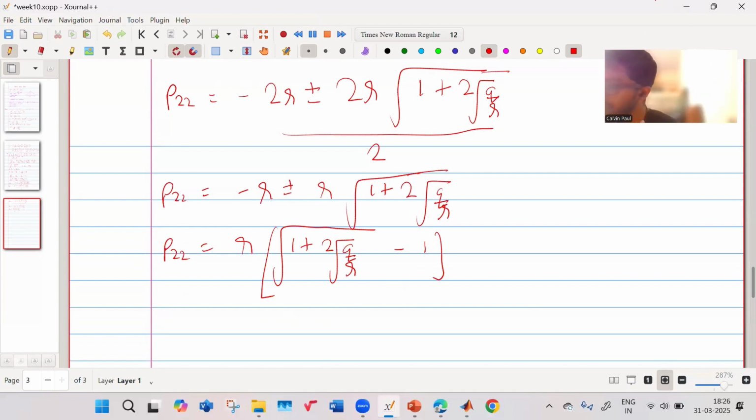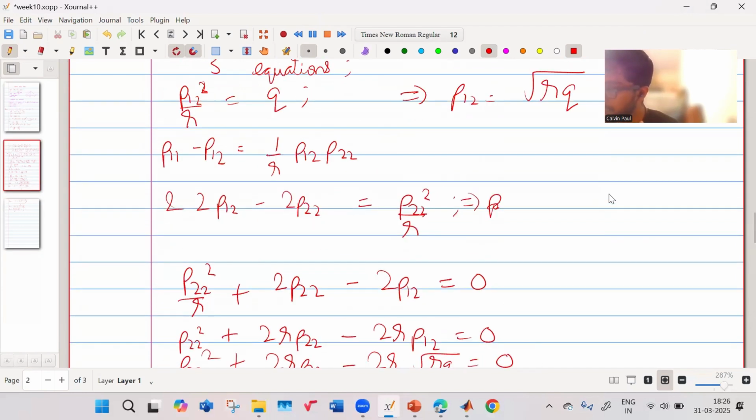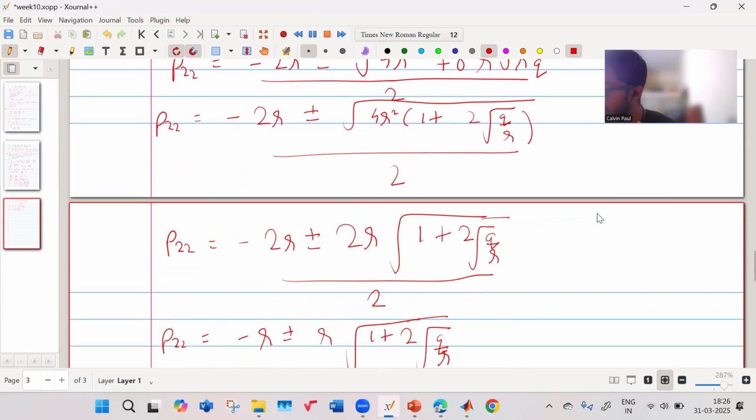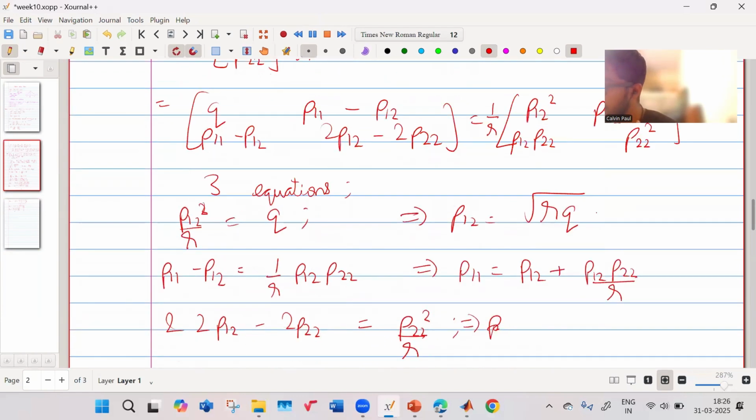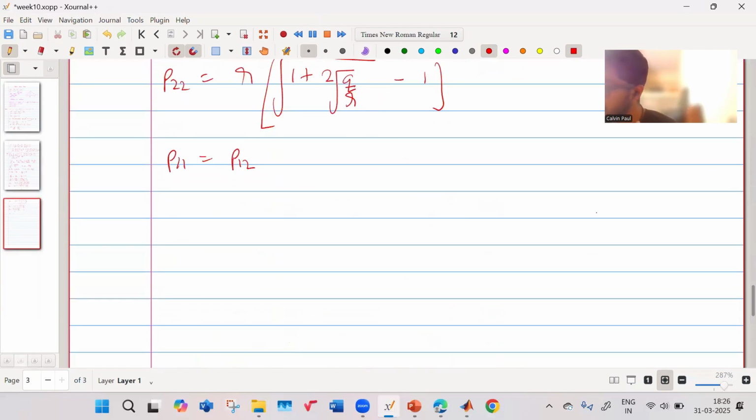So we have got p12, p22. Now we have to get p11. What we can write, p11 is equal to p12 plus p12 into p22 upon r. So p11 is equal to p12 into 1 plus p22 upon r.